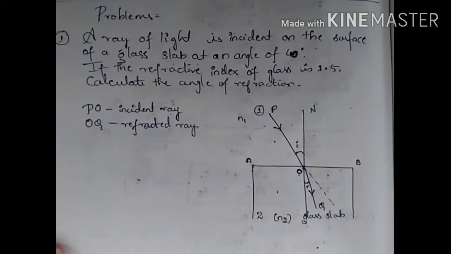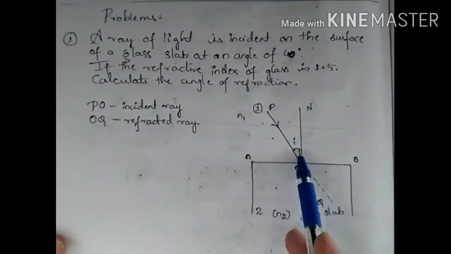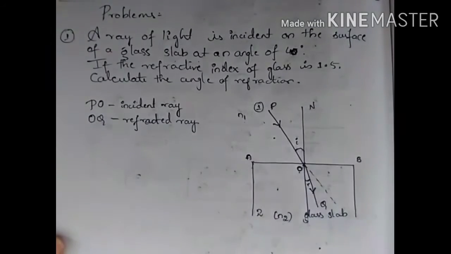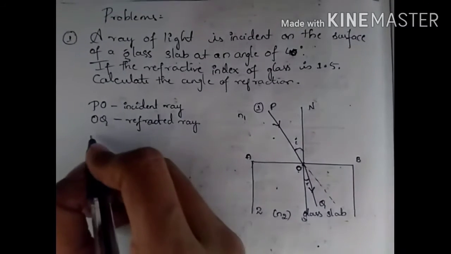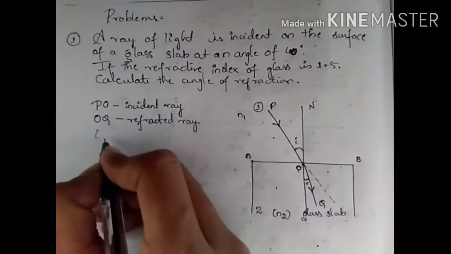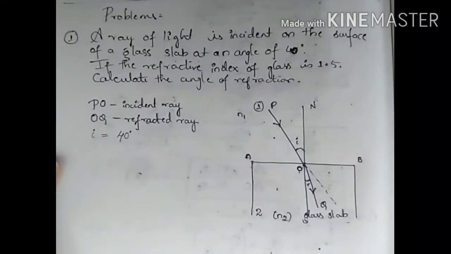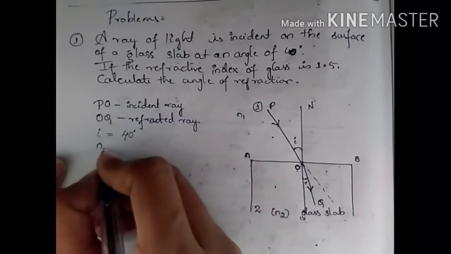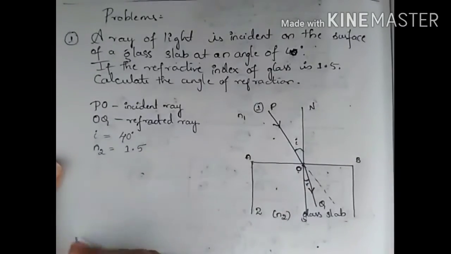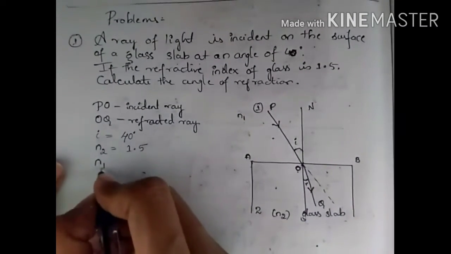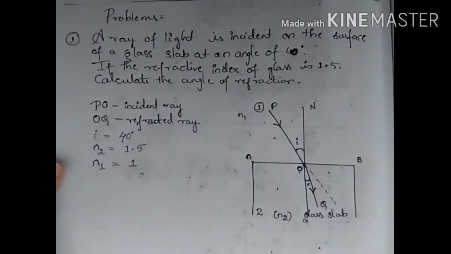So now what is asked is to calculate the angle of refraction. He has given the angle of incidence and the refractive index of the second medium. So the angle of incidence I is equal to 40 degree and N2 is 1.5, and if N1 is the air medium, then its refractive index will be 1.